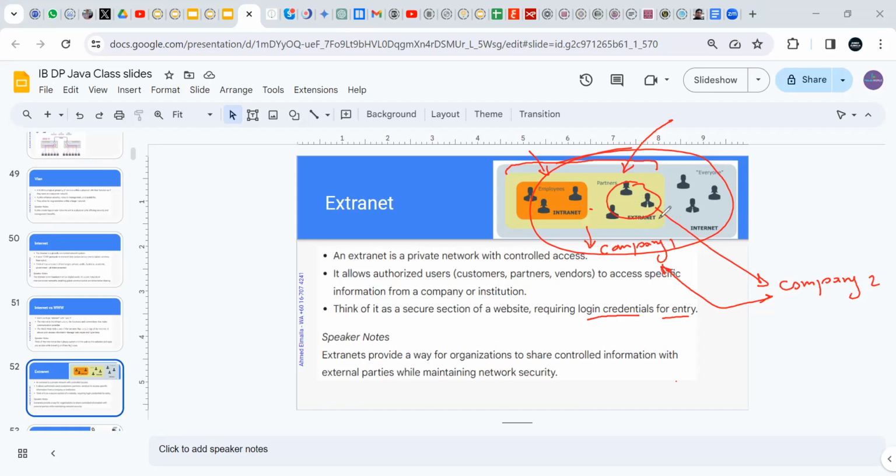So to provide the service, they are allowed login credentials that they use to enter the website of company one and retrieve or even key in some information. They could be maybe data entry people. They could be a data analyst that goes into reports or prepares reports or even does auditing on company one. So that's all possible. Okay.